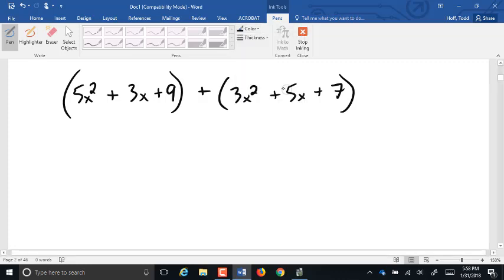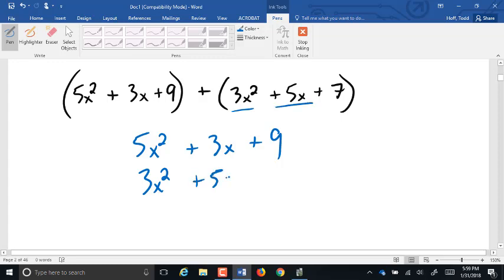Just like with whole numbers, when we did addition, we lined them up so that the place values are lined up. We're going to do the same thing here. So I'm going to rewrite that first number, 5x squared plus 3x plus 9. Now for my second number, the 3x squared goes with the 5x squared. The 5x goes with the 3x.